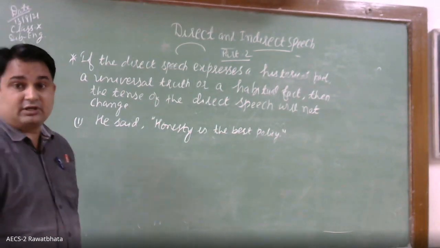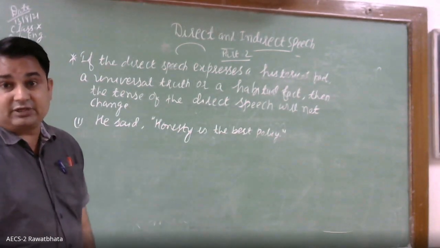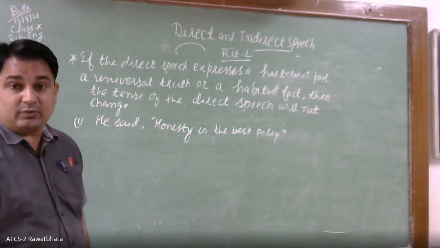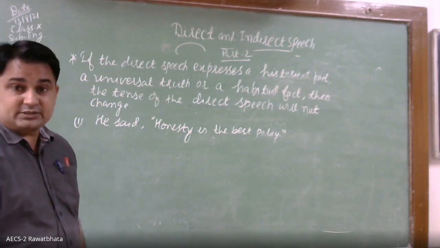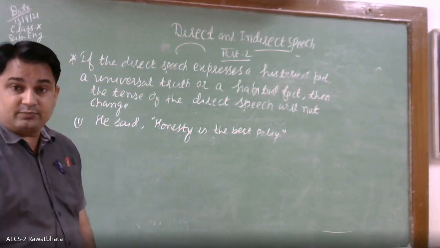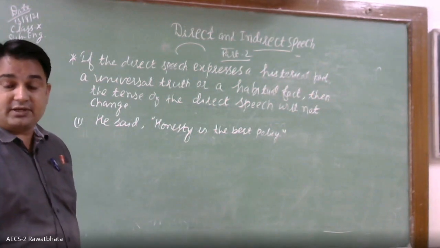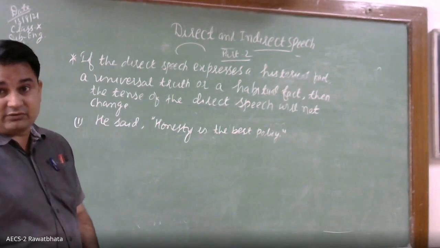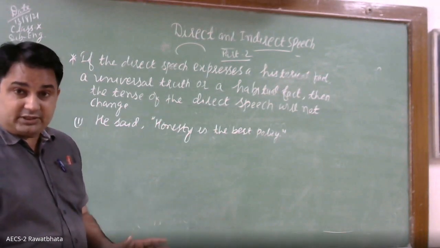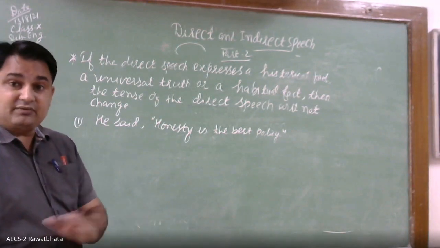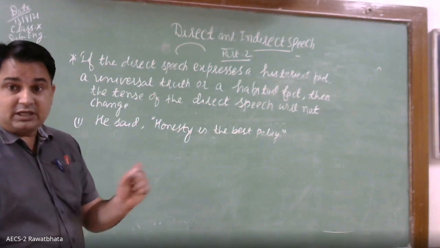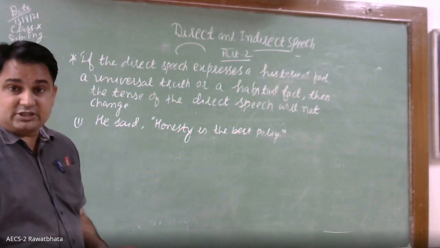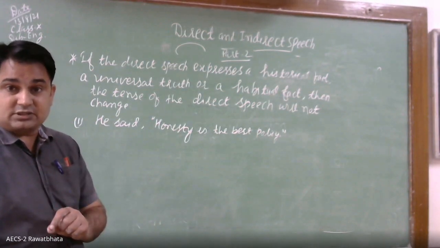You have to focus on the reporting verb, and if the reporting verb is in the past, then you have to make certain changes in the tense of the part which is within inverted commas. If the part in inverted commas is in simple present, it will change into simple past. Present continuous changes into past continuous.